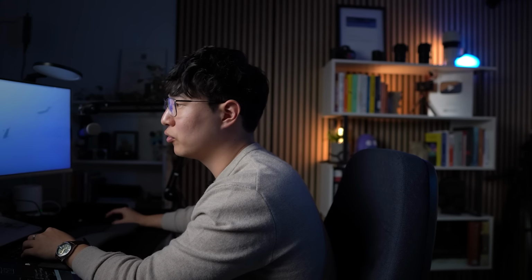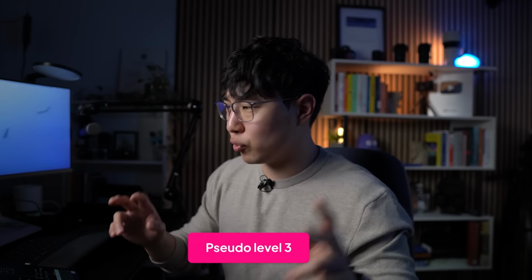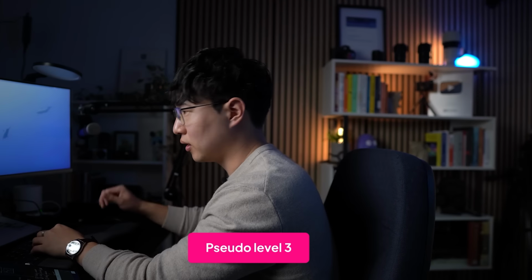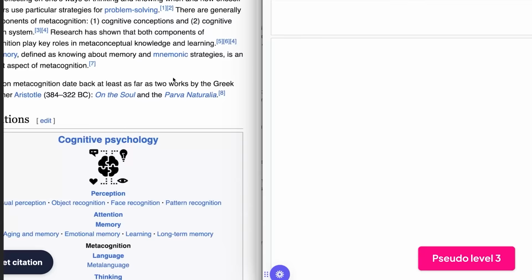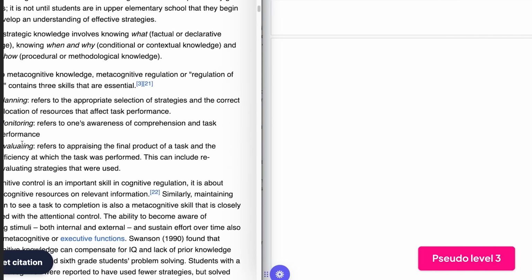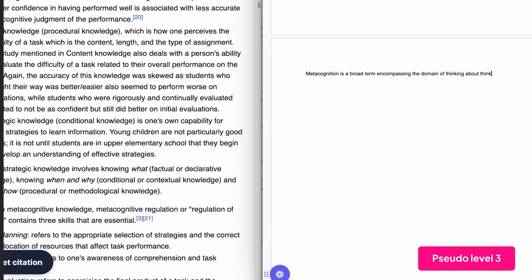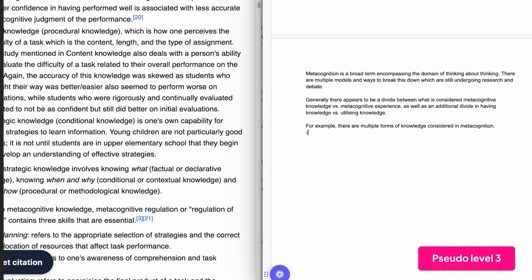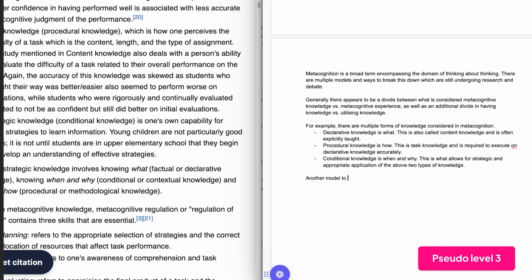So just going back to my article on metacognition here, I'm gonna do the pseudo level 3 note taking with linear notes. As I do this, just notice how I'm spending a lot of time reading, and when I'm writing, I'm not actually just reading things and writing things down. I'm actually thinking about it and synthesizing it, and I'm doing all of that higher order thinking and grouping and thinking about how things are related to each other.